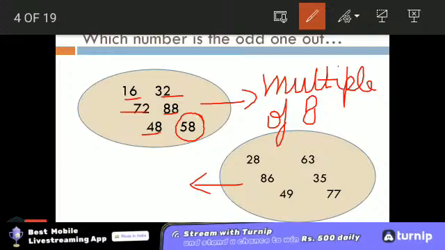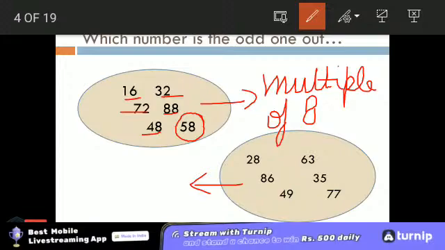That is 28, 63, 86, 35. Which number is the odd one out in the next case? Hurry up. Okay.